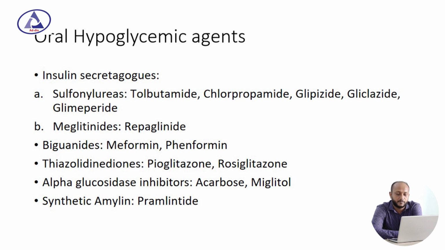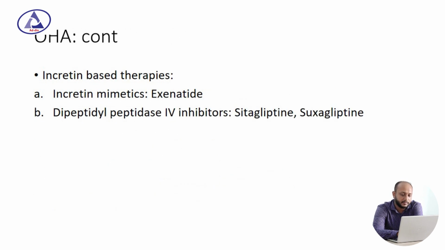Biguanides are metformin and phenformin. Then thiazolidinediones: pioglitazone, rosiglitazone, and alpha glucosidase inhibitors: acarbose and miglitol. Synthetic amylin analog is pramlintide, and incretin-based therapies are incretin mimetics, exenatide, and DPP4, dipeptidyl peptidase 4 inhibitors, sitagliptin and saxagliptin.